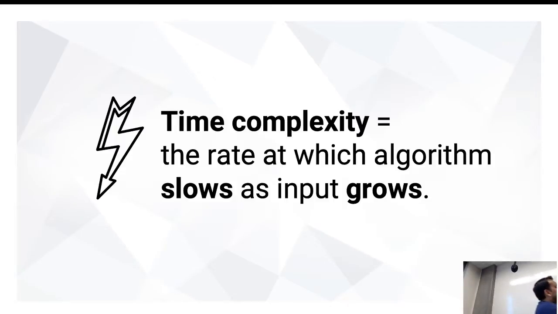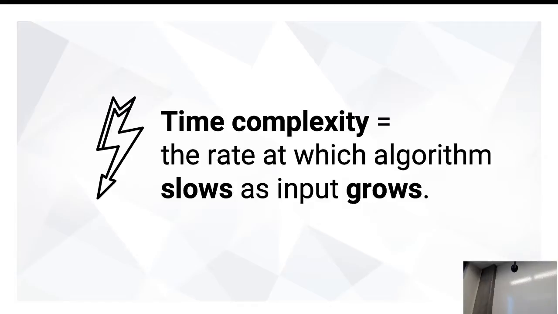Okay, we'll come back to this. We are kind of gearing into what I talked about, big O, and remember the time complexity and the space, and then we'll kind of segue into that. Okay, so the time complexity, the definition is the rate at which the algorithm slows as the input grows, right? That's what it is.